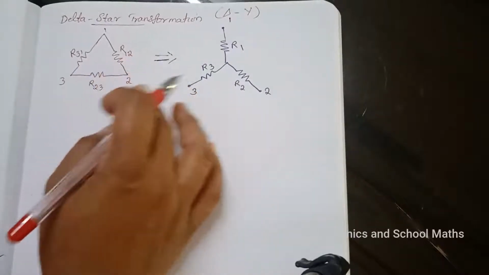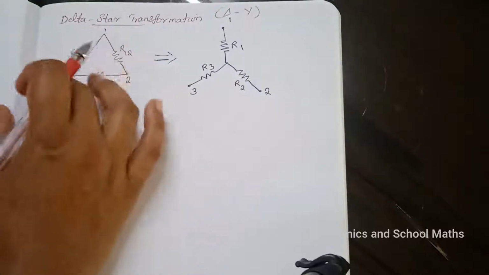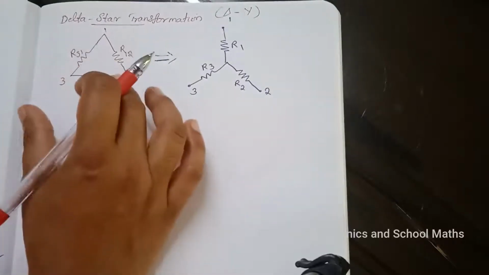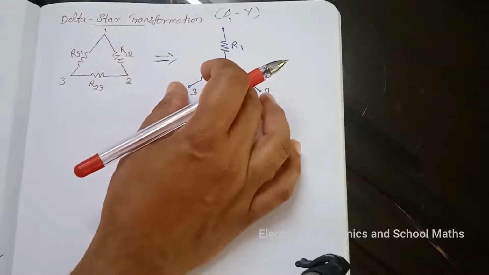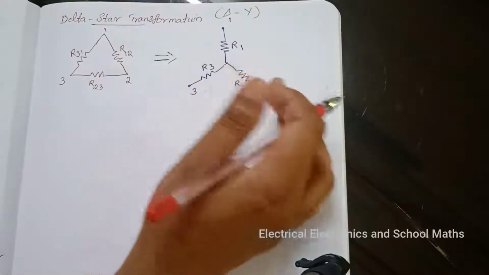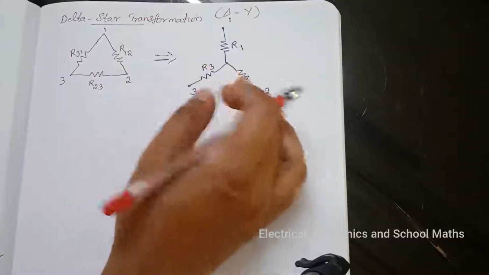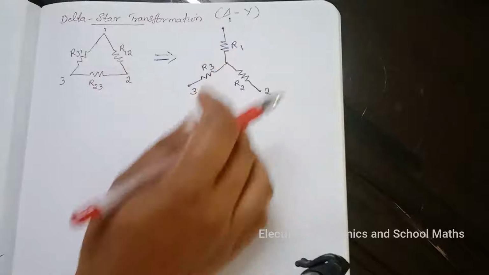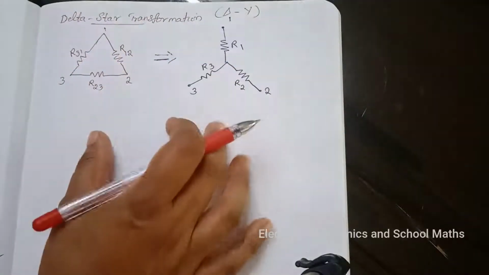Let R12, R23 and R31 be connected in the form of delta. This delta network may be replaced by an equivalent star network constituted by the resistors R1, R2 and R3 arranged in the form of a star. Let us combine these two pictures.